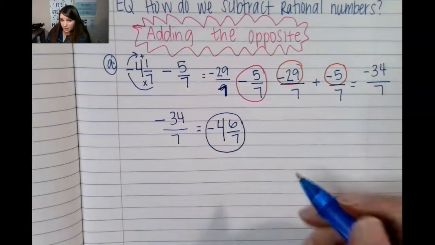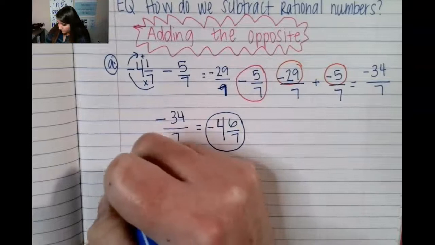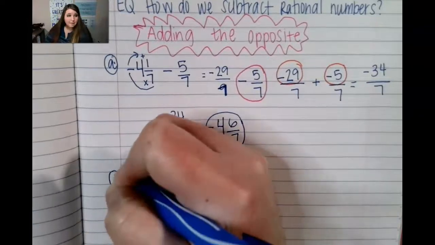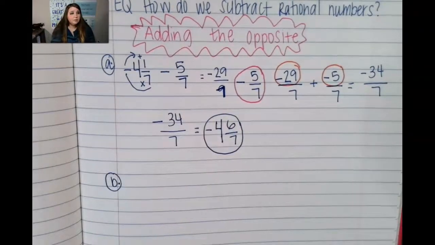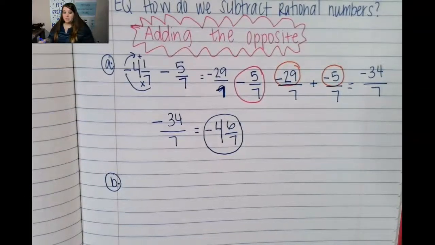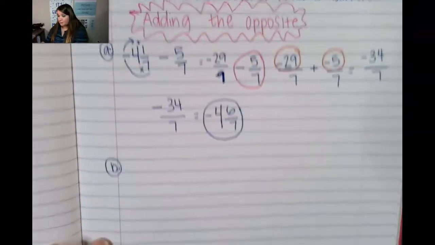Okay, let's look at another problem. Example B. So in this lesson, example B has for us two mixed numbers. So we have to change both of those mixed numbers. Example B also does not have a common denominator like it did up here.